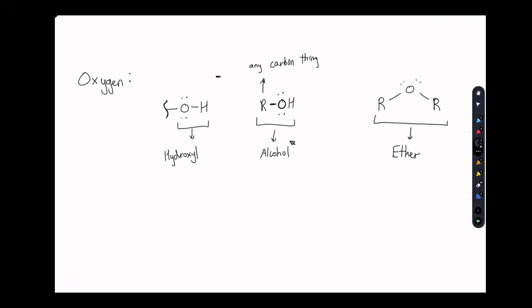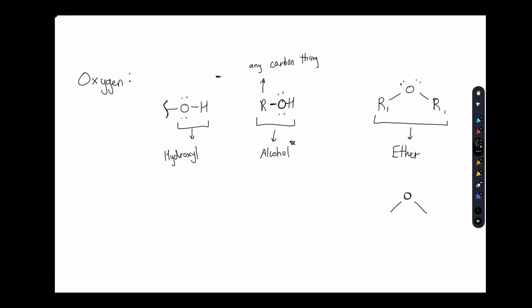We can see that in all these different functional groups, our oxygen has 2 single bonds and 2 lone pairs. However, the ether and the alcohol are quite functionally different, and it's important to note that. With the ether, we're connected to 2 R groups. They could either be the same, so for example, here is an example where we have 2 methyl groups or 2 single carbons attached on either side, and we can call this dimethyl ether.